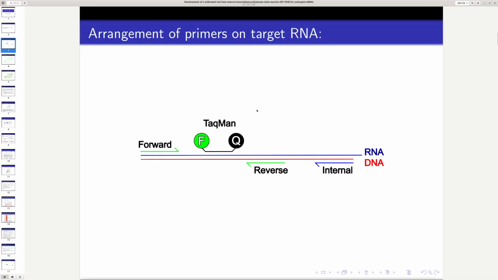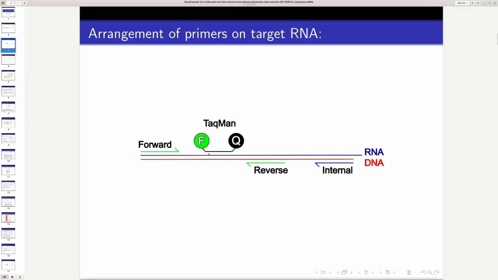Now, these are so close together they interfere with one another. So the quencher is within the FRET distance, the fluorescent resonant energy transfer distance, and so it suppresses the fluorescence from the fluorophore when in solution.